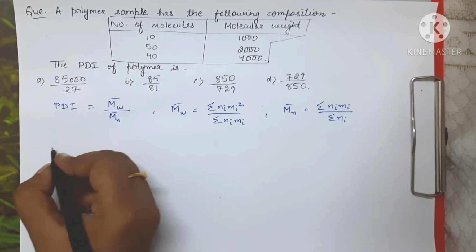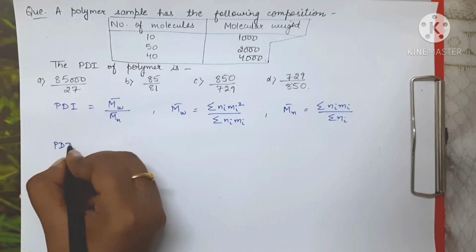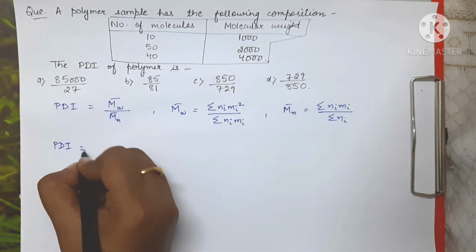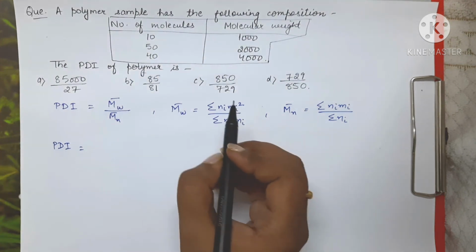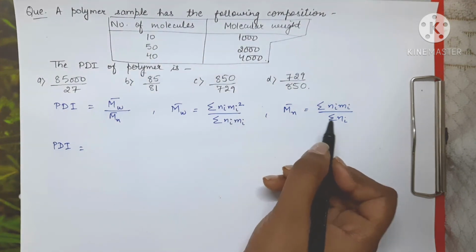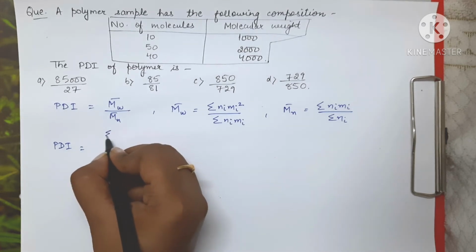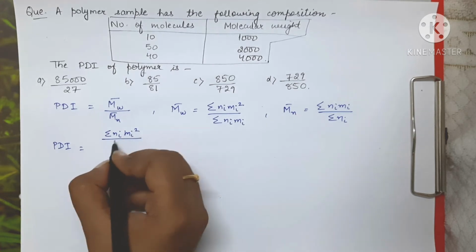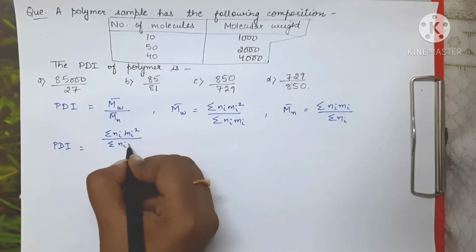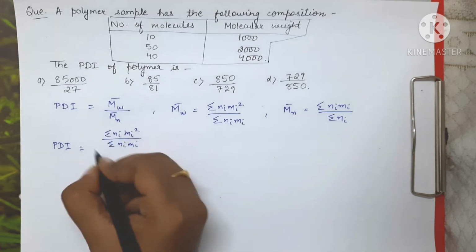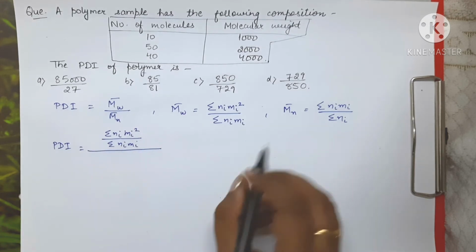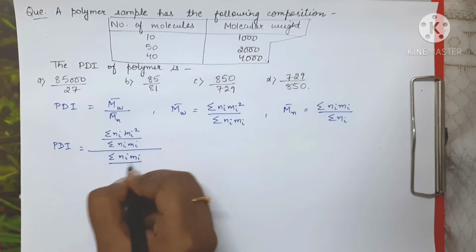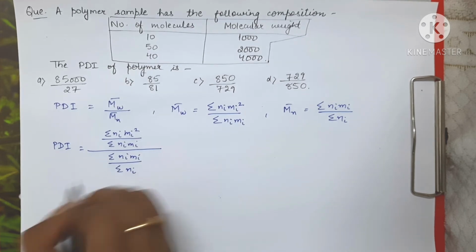Now if you want to find out the polydispersity index in case of this sample, then what you have to do is divide Mw by Mn. So it will be sigma Ni Mi square upon sigma Ni Mi, this is Mw, divided by Mn, sigma Ni Mi upon sigma Ni.